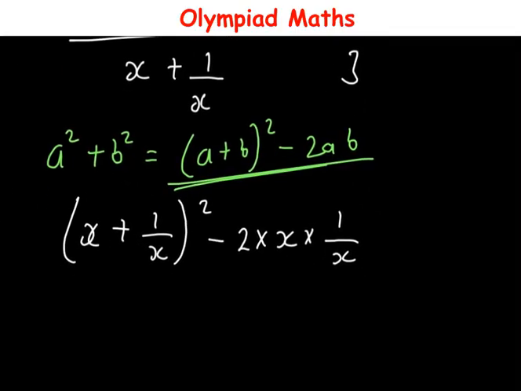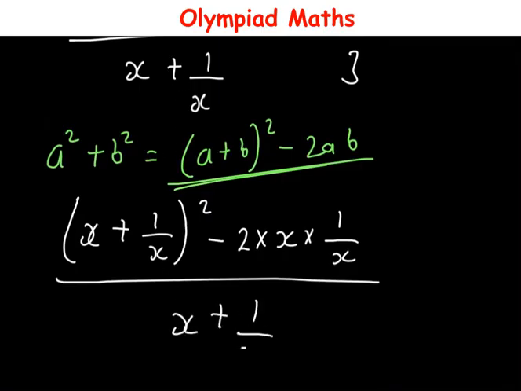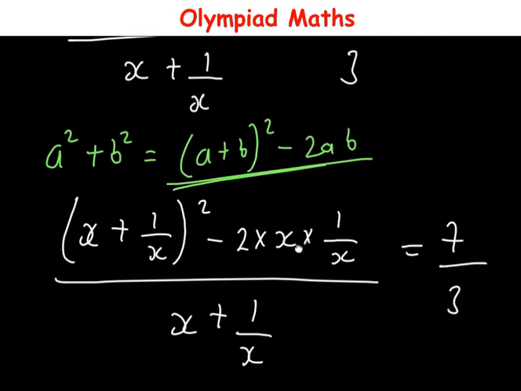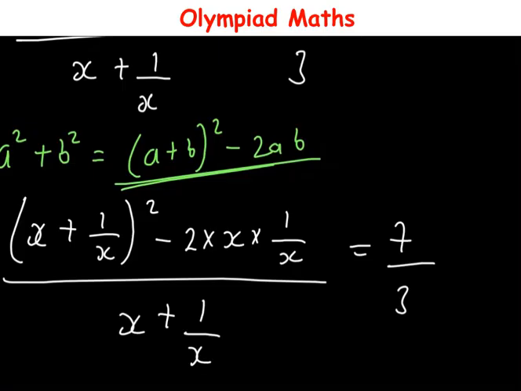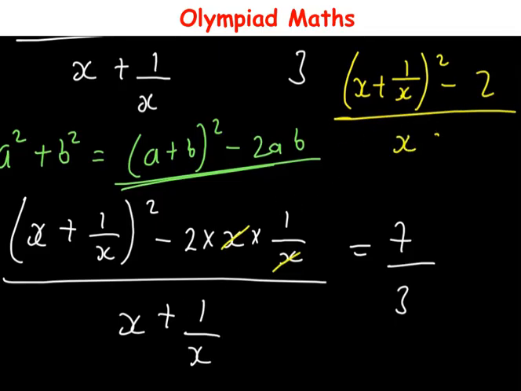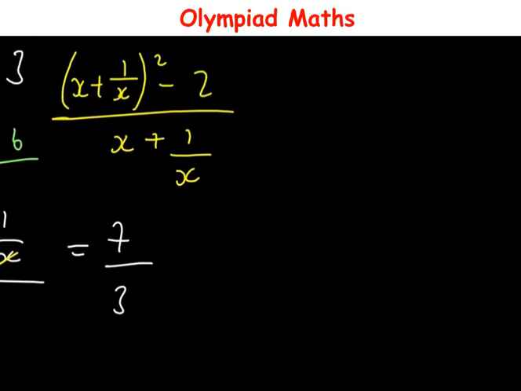All of this is then divided by the denominator, which is x plus 1/x, and this equals 7/3. So from here, we have (x + 1/x)^2 minus 2, since x cancels x and 2 times 1 is 2, all over x plus 1/x, and this is equal to 7/3.